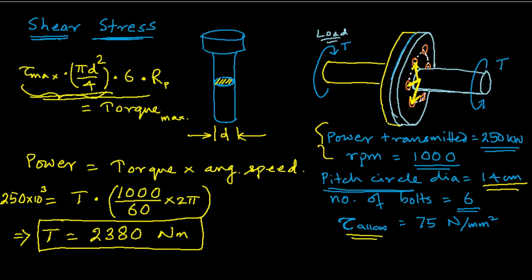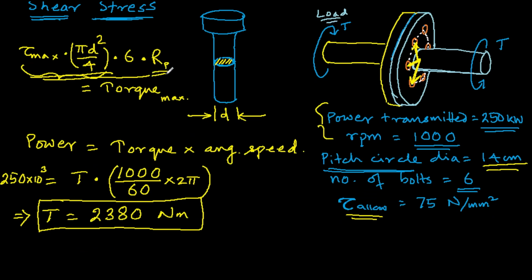All the other dimensions are given, the pitch circle radius is given, tau max is given, so the only thing we have to calculate is d. So 2380 should be equal to 75 Newton per millimeter square. One has to be careful about the units.